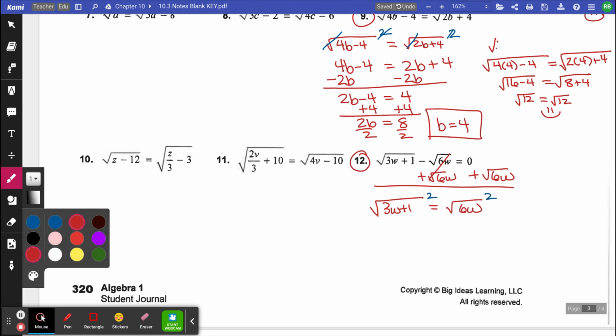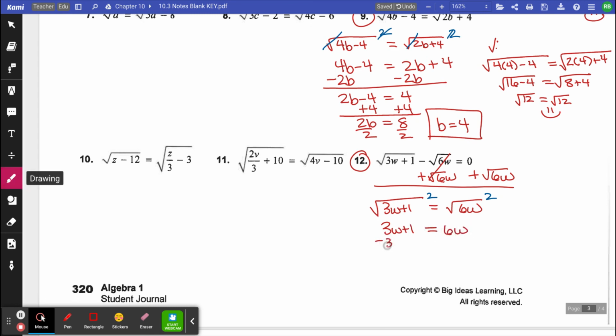And you would have 3w plus 1 is equal to 6w. And then from here, I would subtract the 3w since w is on both sides. And I'd have 1 is equal to 3w, divide by 3 to isolate w, and you end up with 1/3.